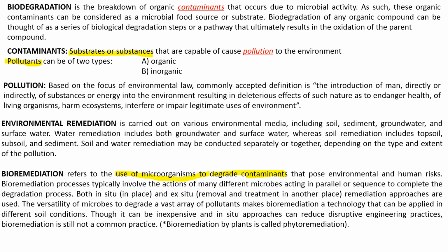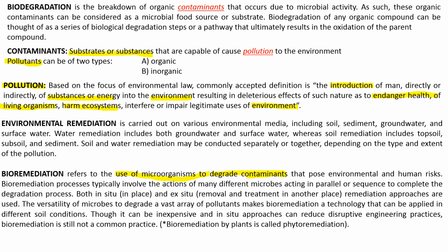According to EPA environmental law, pollution is defined as introducing a different substance or energy into an environment which will endanger the health of living organisms, interfere with the ecosystems, or interfere with the working of an environment. So it can be any contaminant that interferes with the workings or the basic law of nature.